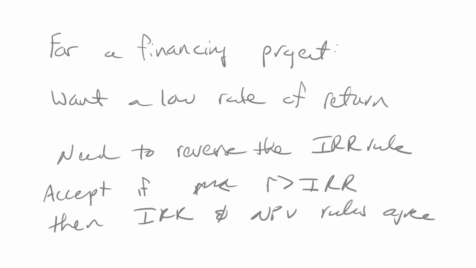Though, I would say, why fuss with this? In this case, perhaps it's just best to stay away from the IRR rule. Now, I think it's pretty intuitive that you wouldn't want to go around applying the by-the-books IRR rule, IRR being greater than R, in a financing project. There's a few more subtle things that could go wrong.